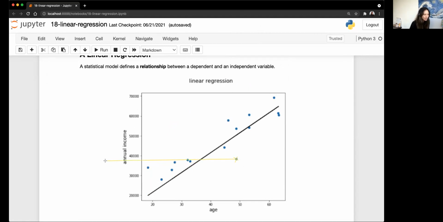Its actual value is around, let's just say, 37,000. Now its predicted value, you would have to trace up to this line. Its predicted value is actually 50,000. So you have an error of about 12 or 13,000. Then for the squared error, you just take the square of that. And you do the same thing for all of these data points, sum it together, and that's your sum squared error. That is the cost function that linear regression uses.